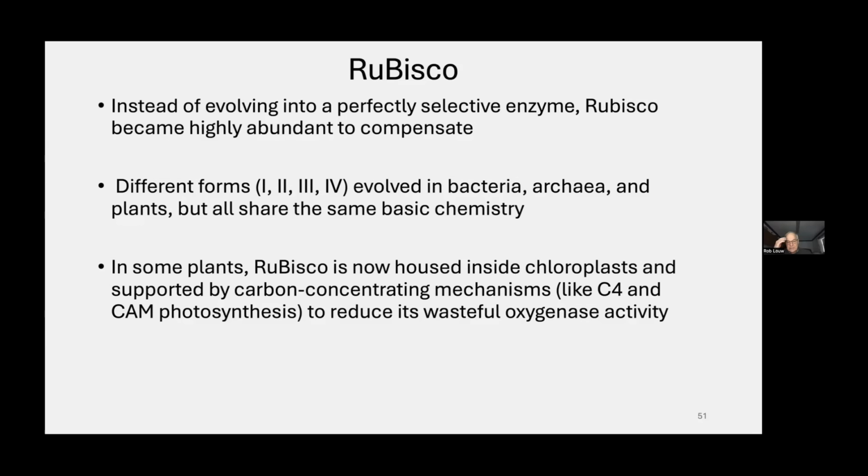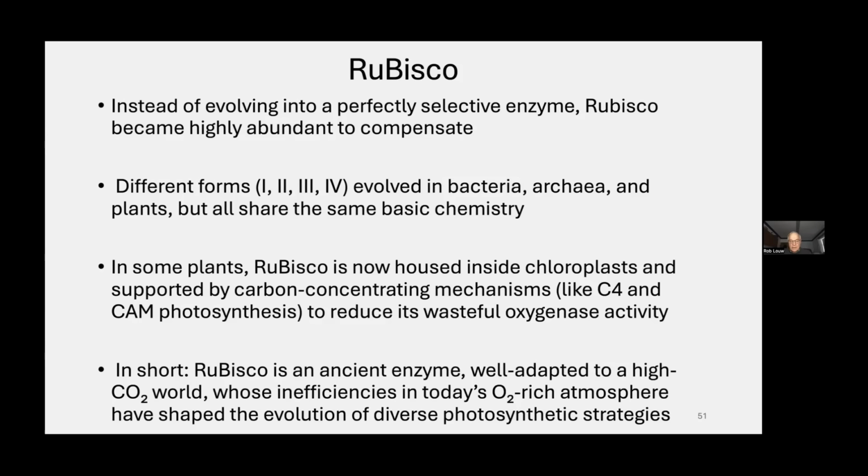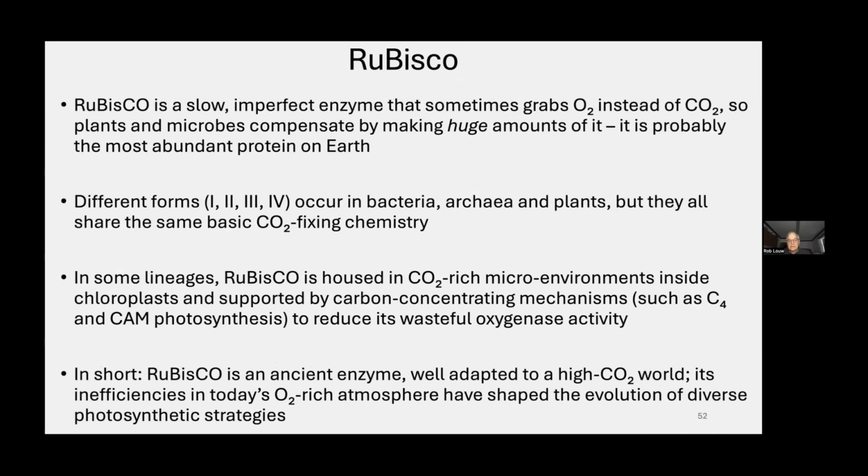Now, in some plants, Rubisco is housed inside chloroplasts and supported by carbon concentrating mechanisms like C4 to reduce its wasteful oxygenase activity. In short, it's an ancient enzyme well adapted to a high CO2 world, but whose inefficiencies in today's oxygen-rich atmosphere have shaped the evolution of diverse photosynthetic strategies.